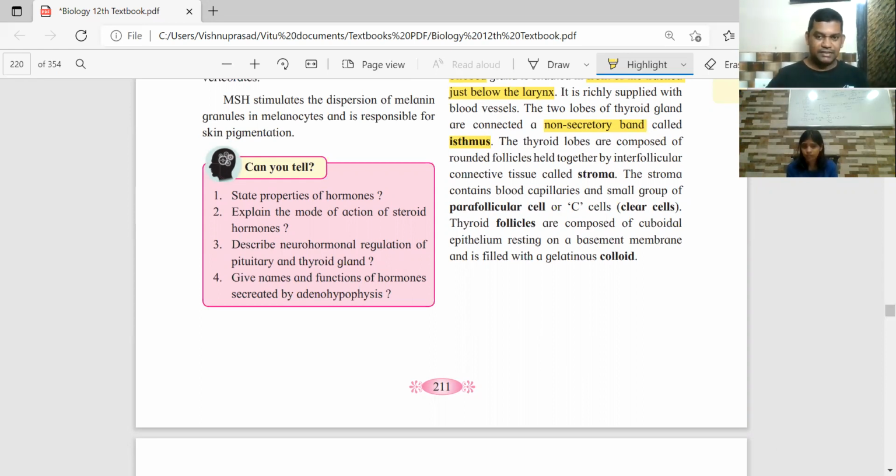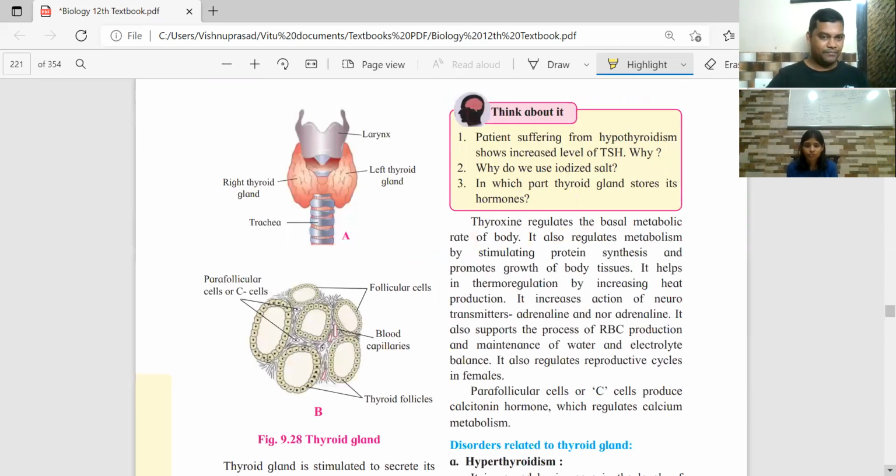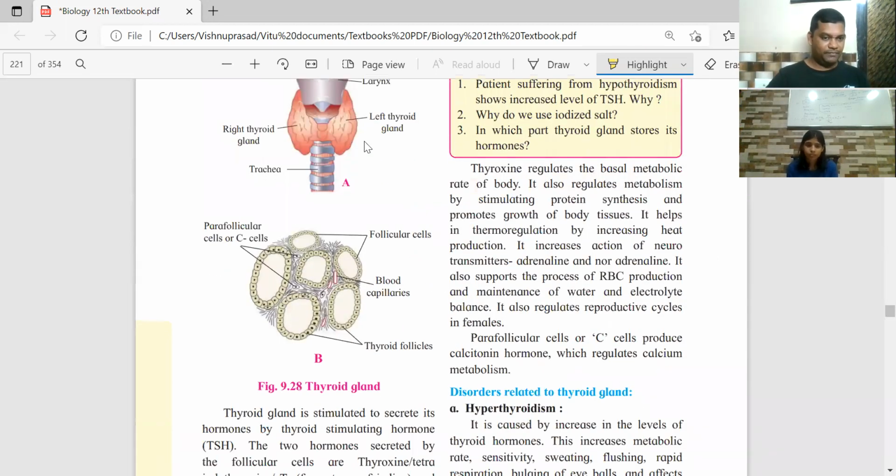Now inside the thyroid lobes. We have seen externally the lobes are present, the right and the left lobe. If you take a section through that lobe and observe under the microscope, this is how it will appear. This is the internal structure. You can see inside there are many follicular cells present.